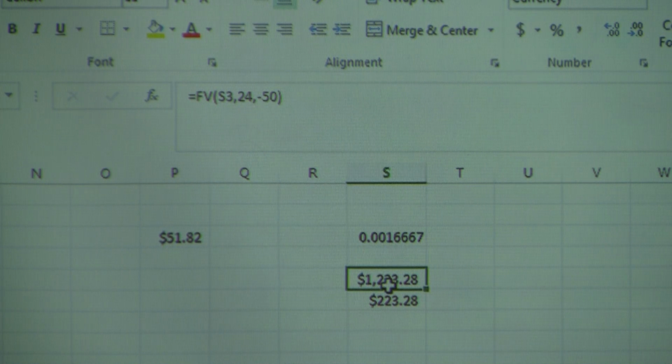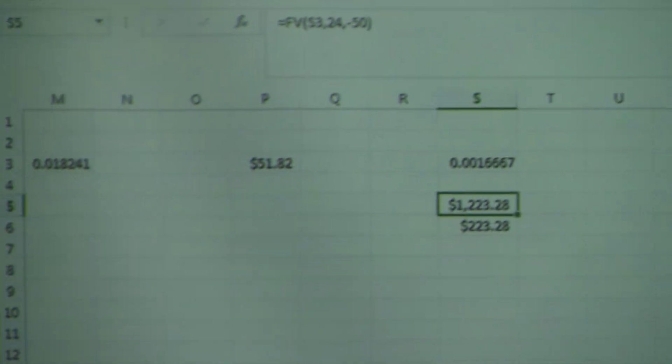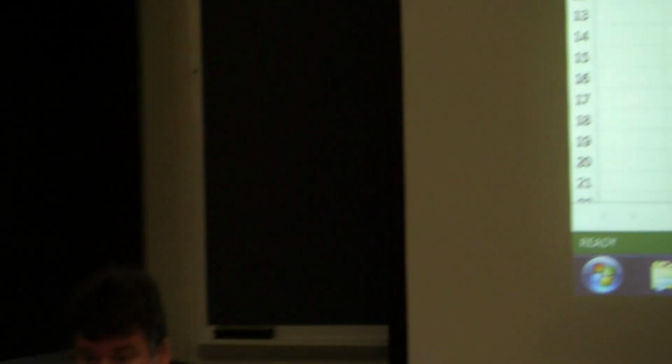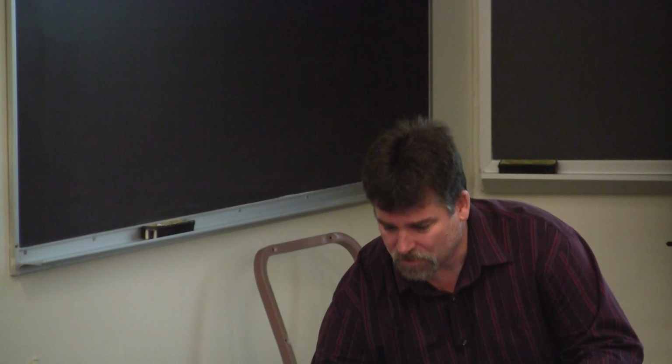I just made periodic payments. The negative 50, that's the payment. A payment is a constant value that happens over a specific time period, like every month. And in the question I said, what if you save $50 per month? That value never changes, and it's every month. That's a payment. So I can use that in this form. All right.